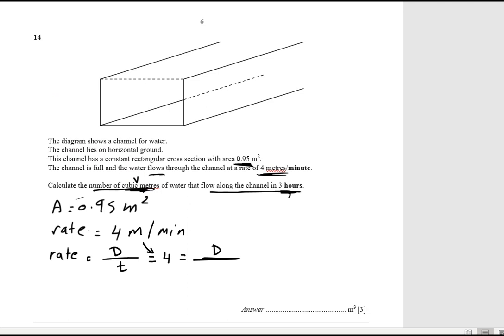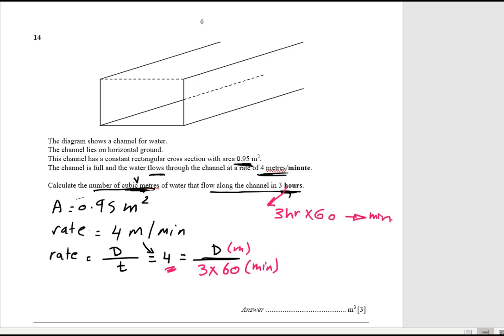The time will equal 3 multiplied by 60. Now this time is in minutes. The time here is 3 hours, so 3 hours multiplied by 60 will convert this time into minutes. And here 4 meters per minute, and the distance will be in meters.